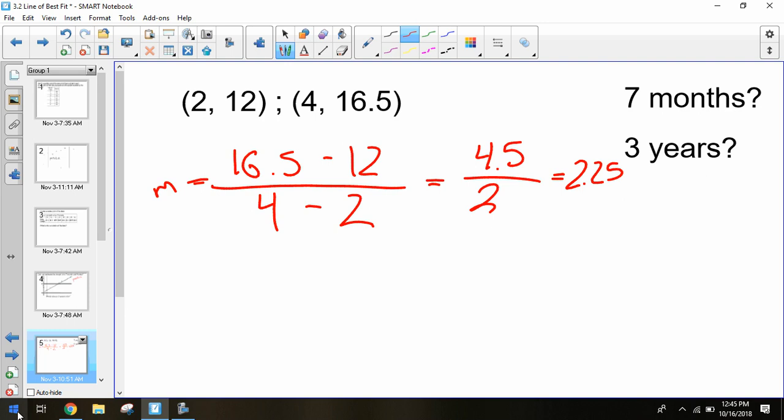16.5 minus 12. With your lines of best fit and these equations, you're often going to get some uglier numbers. They're not all going to be integers. They're not all going to be nice clean numbers. The reason is that we're working with real data. Everything in real life isn't perfect.